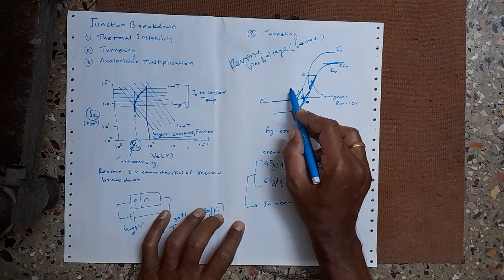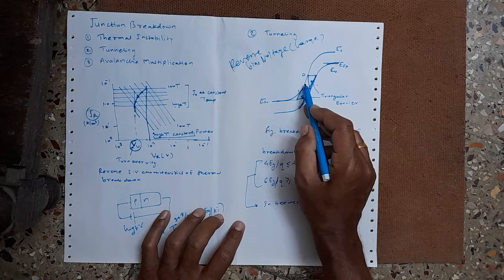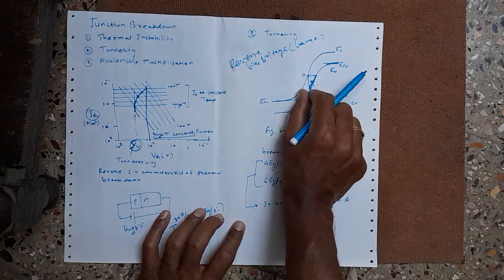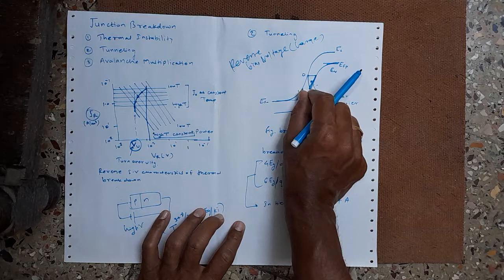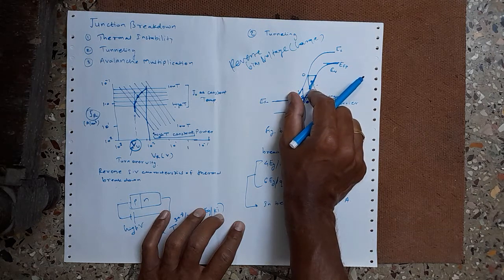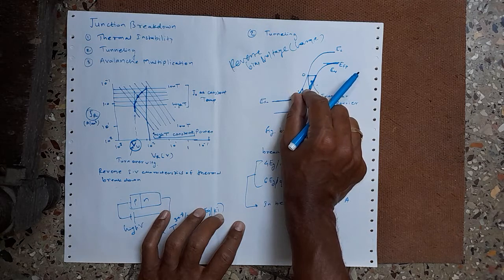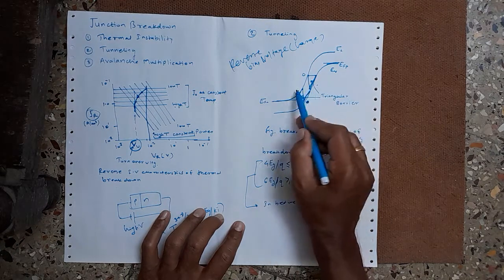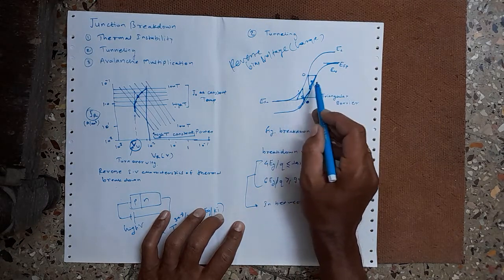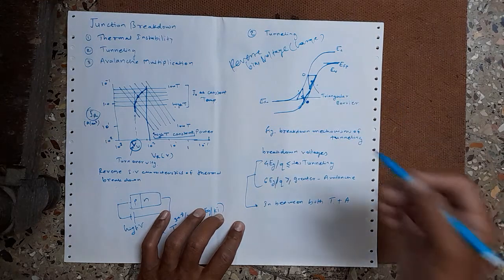The carriers can tunnel through the potential barrier if the barrier is sufficiently thin, and this is because of the large induced field. This is a field effect.